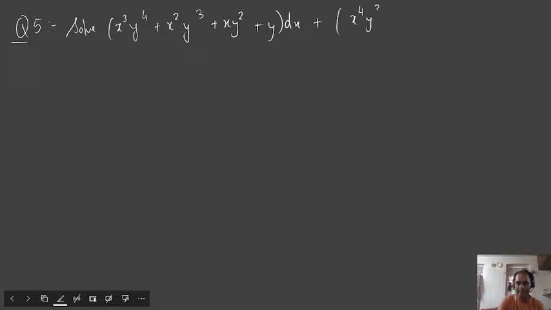Now this was there in one of the examinations in one of the years, so it's a good question according to me, but you be very careful. x cube y raised to 4 plus x square y cube plus xy square plus y dx plus x raised to 4 y cube minus x cube y square minus x square y plus x. Now you see the formulation of the differential equation, it looks very gimmicky.